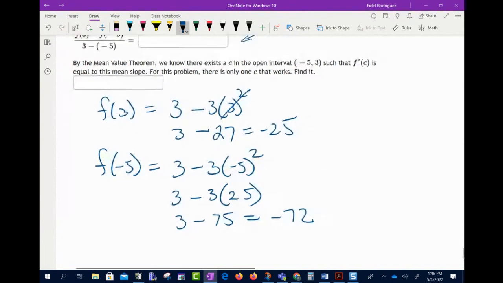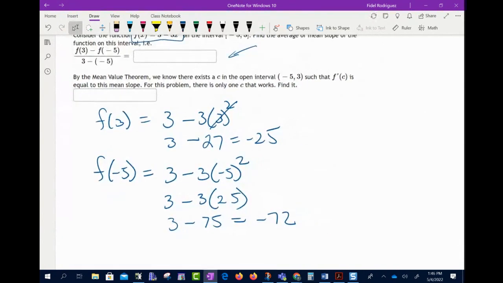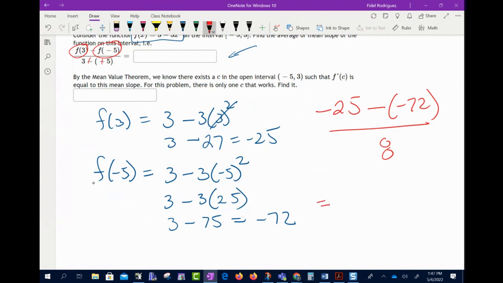Look at what the directions are telling me to do: find f of 3, find f of negative 5, and subtract. So we go negative 25 minus a negative 72, over 3 minus negative 5, which becomes 3 plus 5, which is 8.